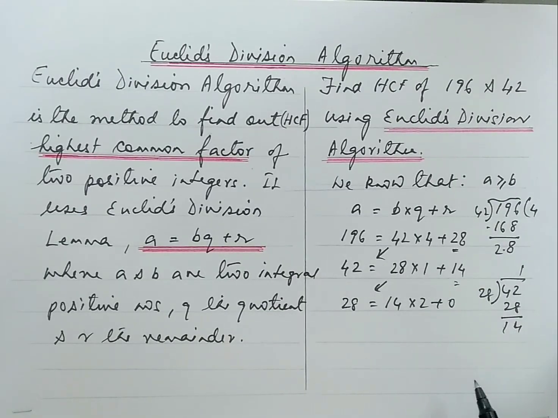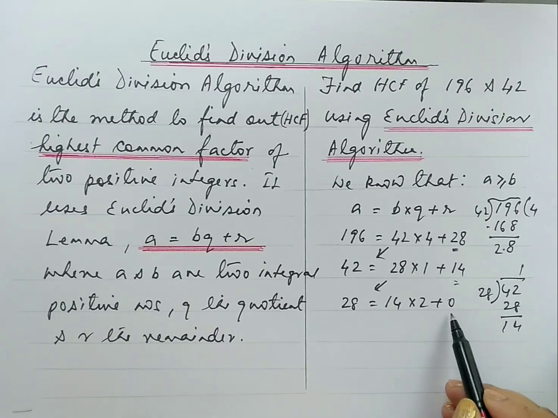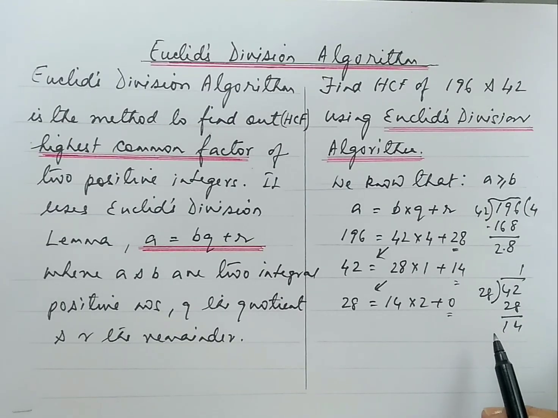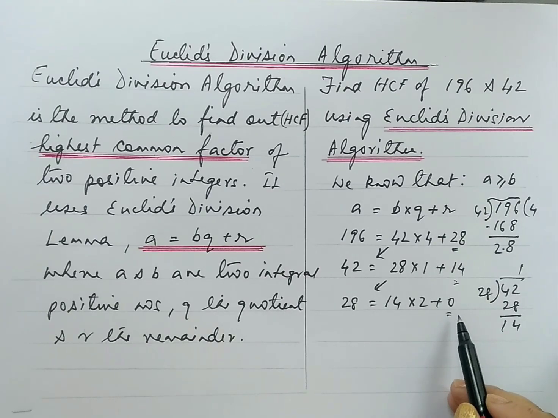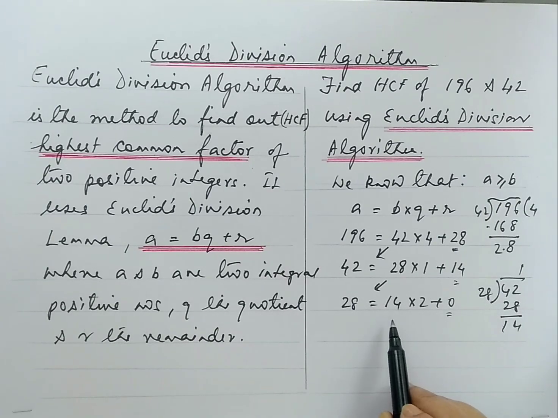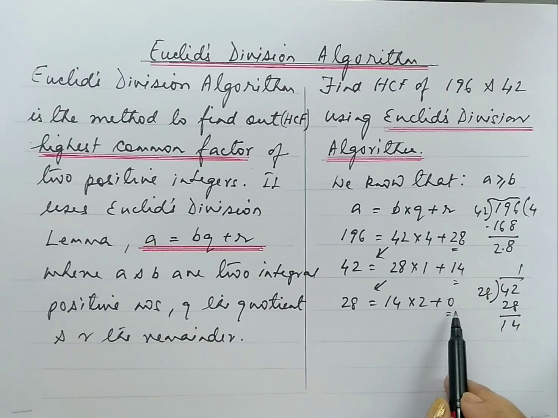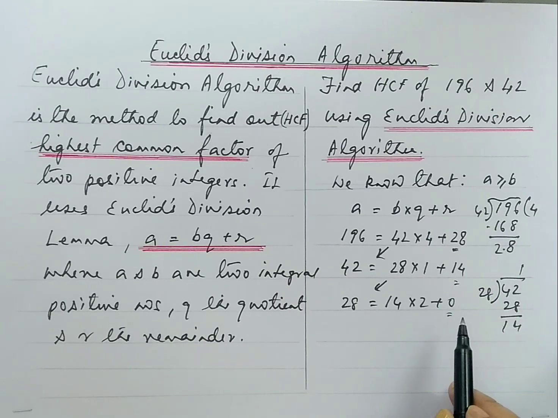Now, having got a 0 remainder, we know what led you to achieve a 0 remainder. So which number is important?